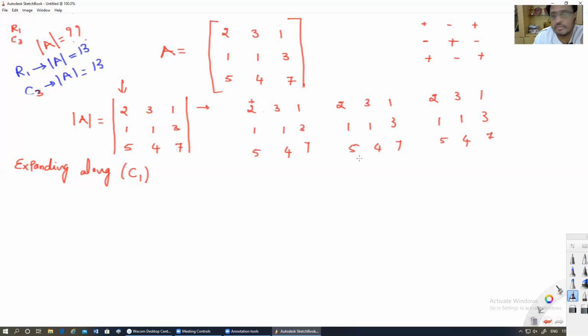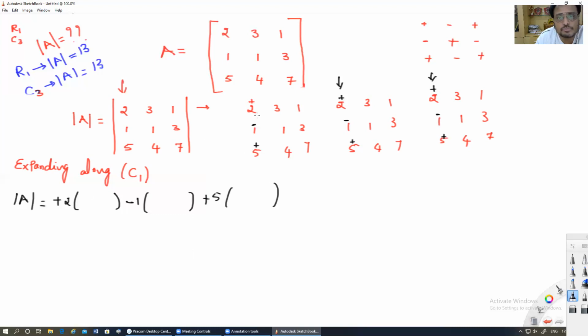We decided to work on column 1. So plus, minus, plus. Here column 1 we are working, again starting plus, minus, plus. So determinant of A is equal to, first top sign and number, plus 2, bracket, and next minus 1, bracket, next top sign, plus 5 and bracket, finished.